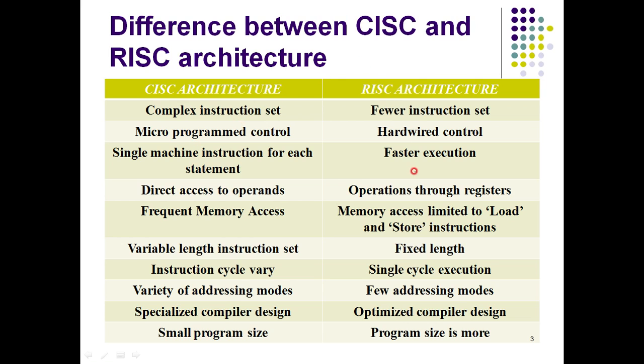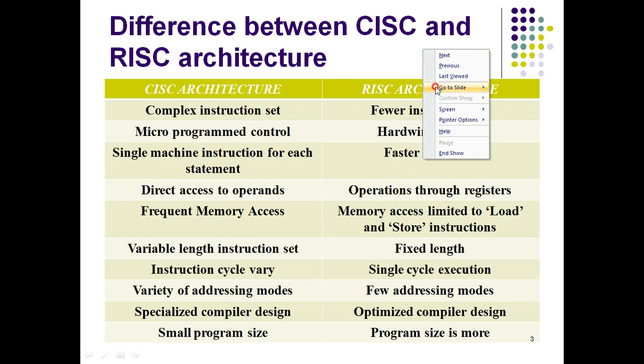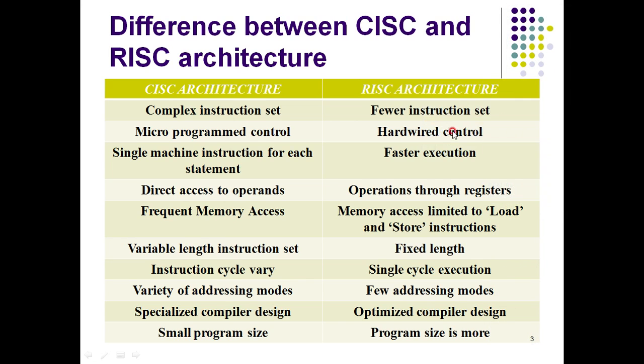Similarly, in your hardwired control, all your binary variables get stored with the help of your hardware. That is the major difference between micro-programmed control and hardwired control. In micro-programmed control, the binary variables, that is the data, get stored in the processor, whereas in hardwired control, the data gets stored in your hardware ICs.